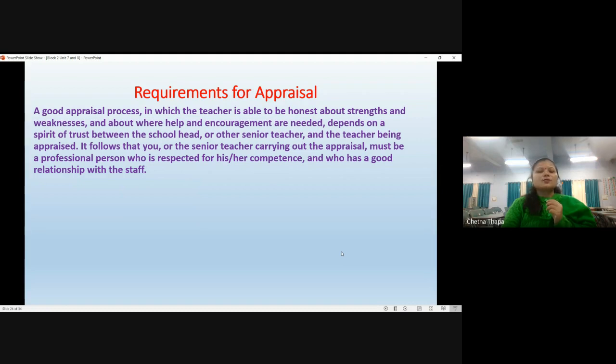The teacher being appraised knows that there is a stress. You know that you are being appraised, and whatever your shortcomings, whatever the weaknesses are, that will be removed through proper training. That will be heard by the school head, and he will frame the developmental plans.